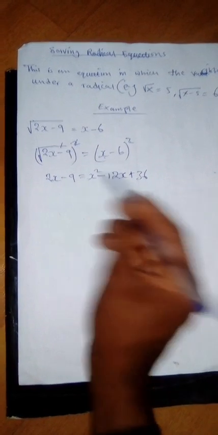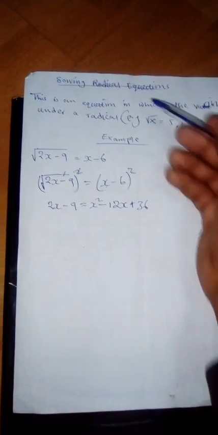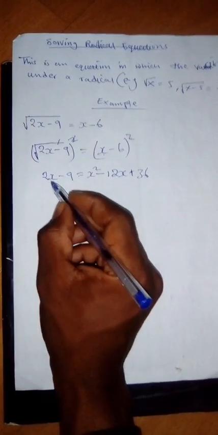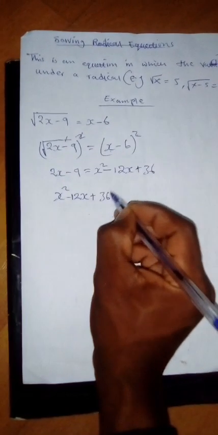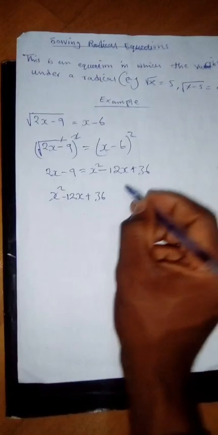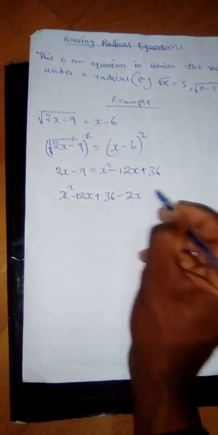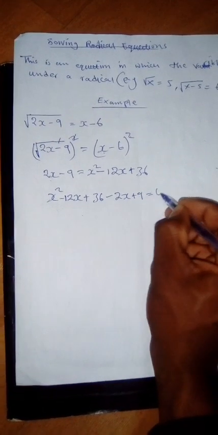Now we are solving the equation. These terms will go to the other side, so don't get confused. It comes as x squared minus 12x plus 36, and these terms cross over: minus 2x, and then the minus 9 becomes positive 9, equals 0.